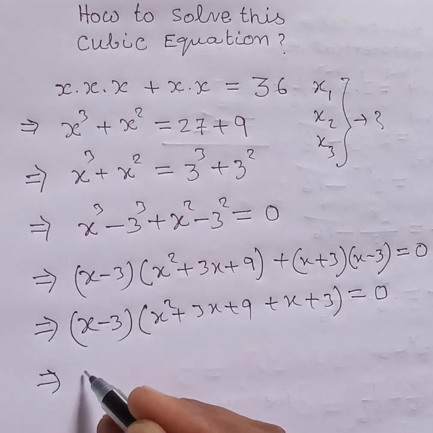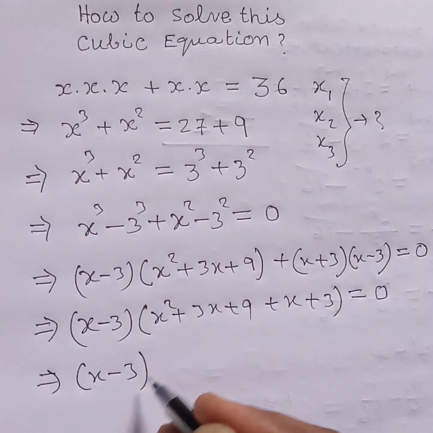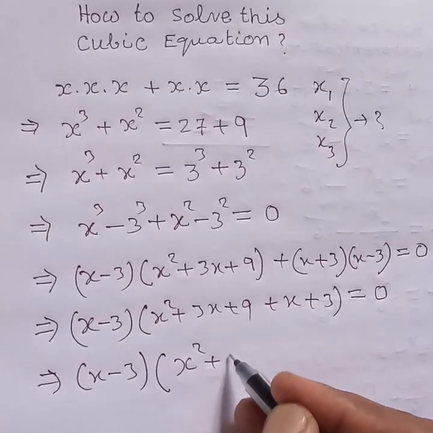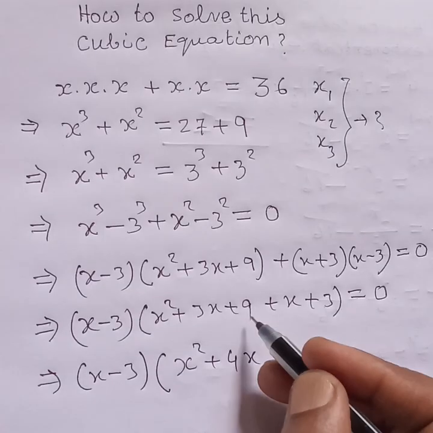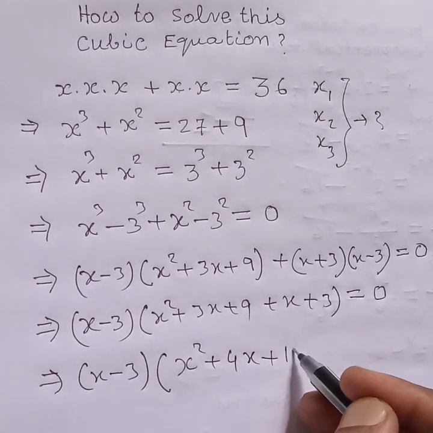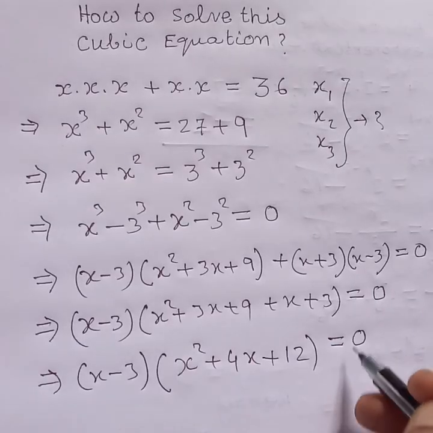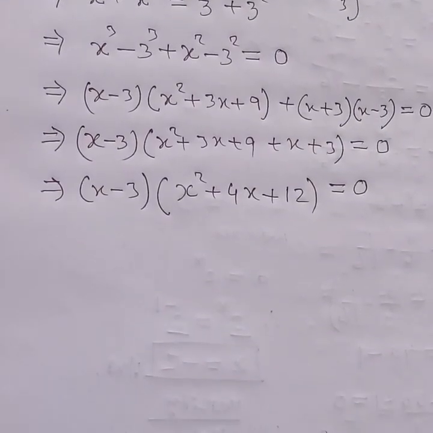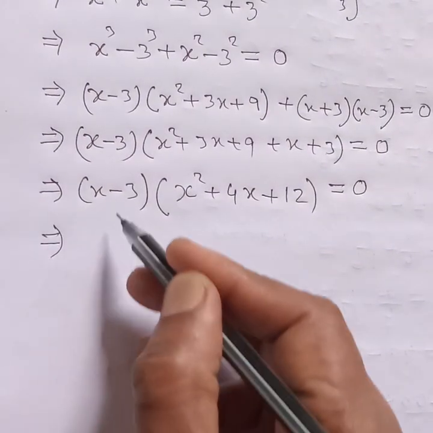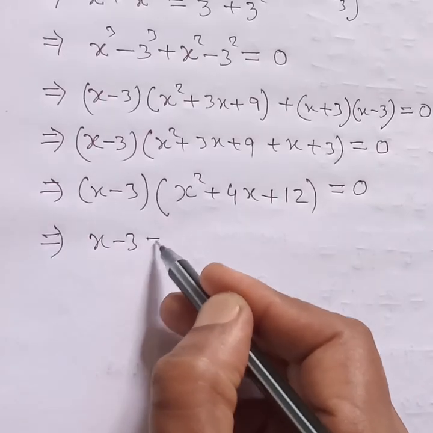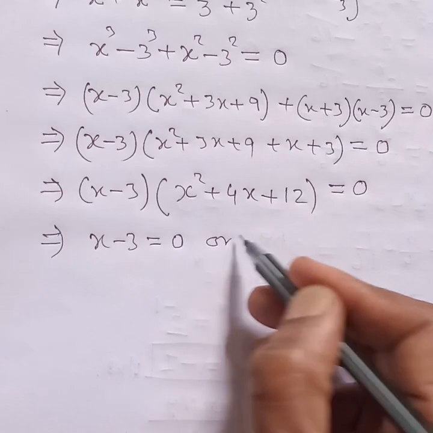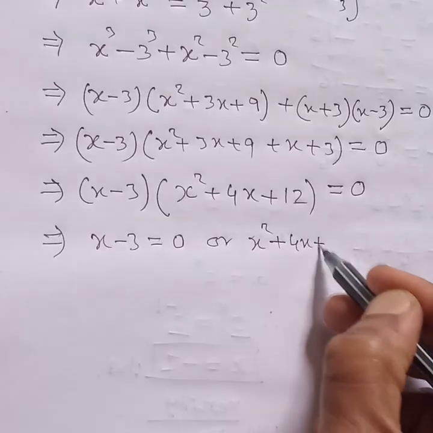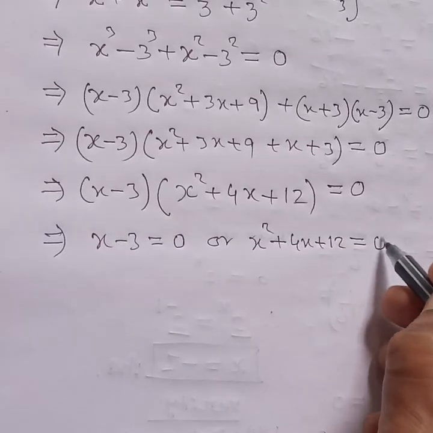Implies x minus 3 into x square plus 4x plus 9 plus 3, that is 12, is equal to 0. Now, according to zero product rule, either x minus 3 is equal to 0 or x square plus 4x plus 12 is equal to 0.